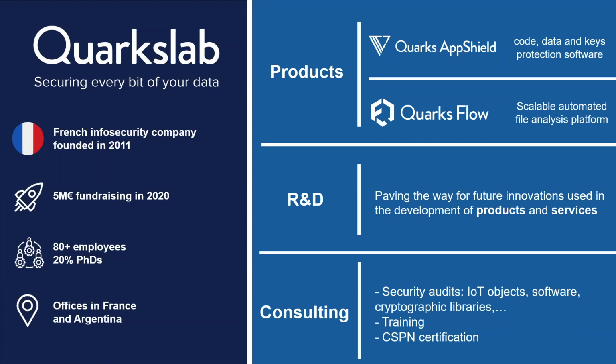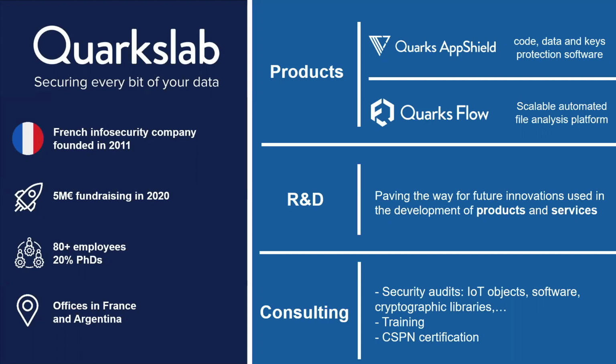As I said, it started as a services company, but some years ago we also started to develop security products, and we have 2 commercial products today. Quarks App Shield, which is a code and data protection software that perhaps we will talk about on some other occasion, and Quarks Flow, the topic for today, which is a file analysis platform that can be extended and is scalable.